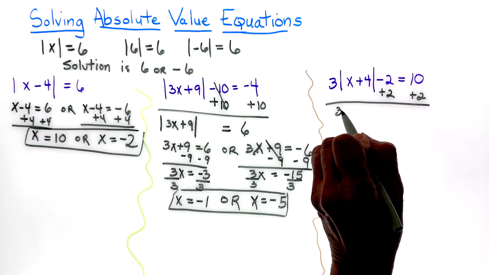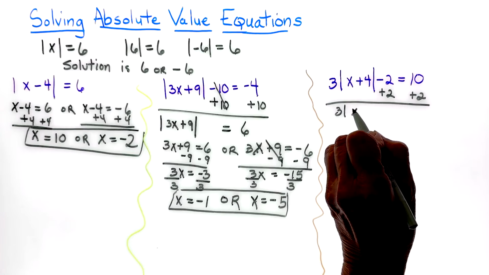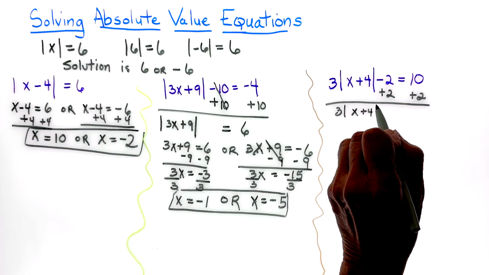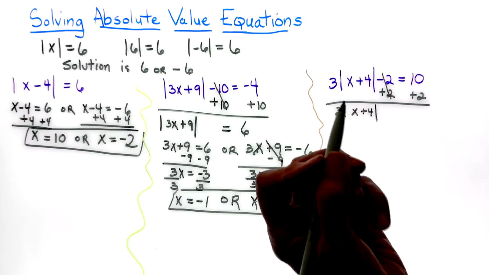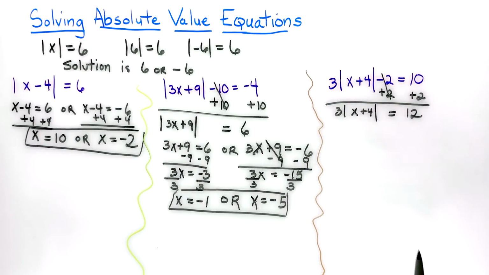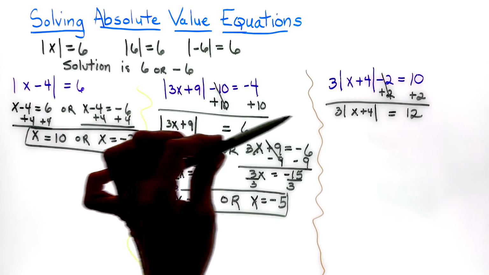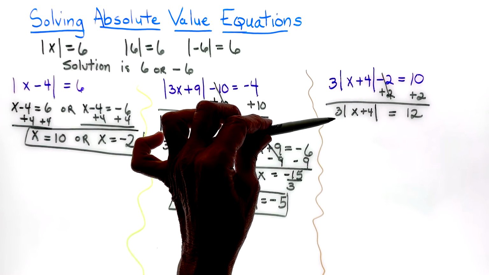And I'm copying down what is here, 3 times the quantity of x plus 4. This is gone. That's what we wanted. It is equal to 12. Now, notice the other two we did not have a number in front of the absolute value symbol.